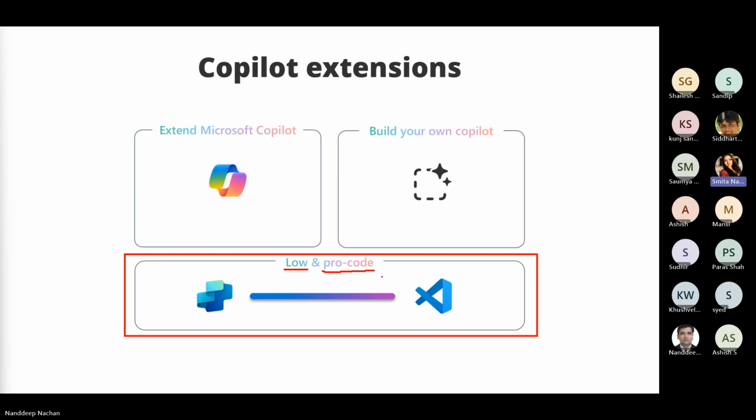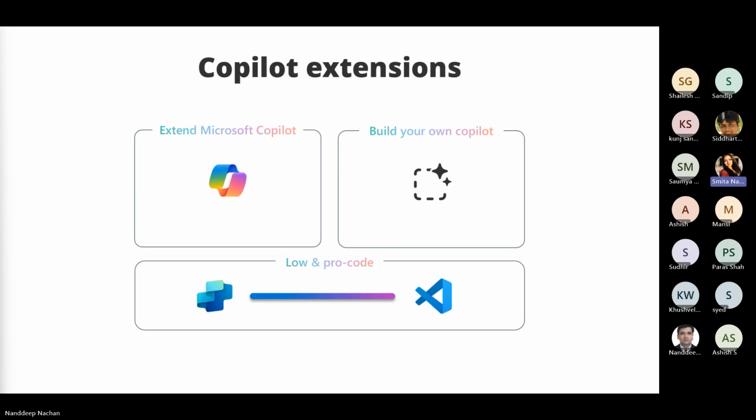Together, these options ensure that whether the user is a business analyst, a power user, or a developer, they can contribute to and enhance the Copilot experience in ways that suit their technical expertise.